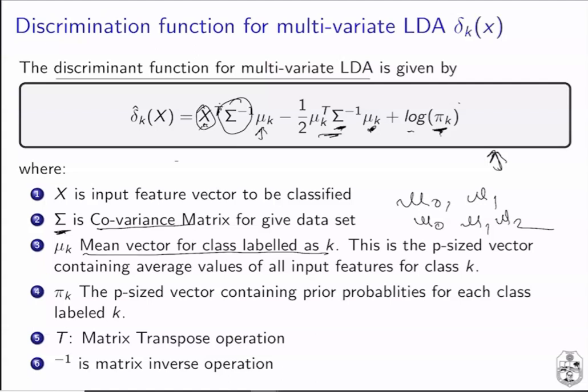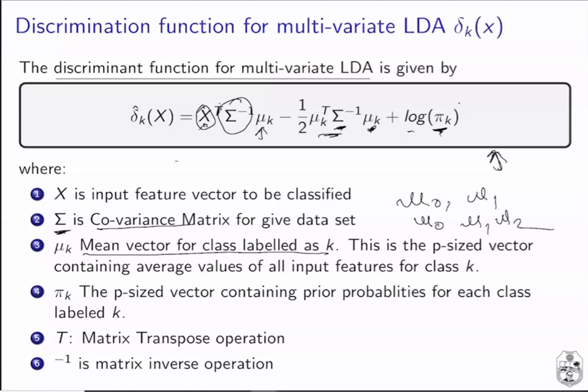The prior probability means the probability that a randomly selected observation in the data set belongs to the class k. We have seen how to calculate the prior probability in our previous video. So this is the formula that is used to calculate the discriminating function when there is more than one input feature.